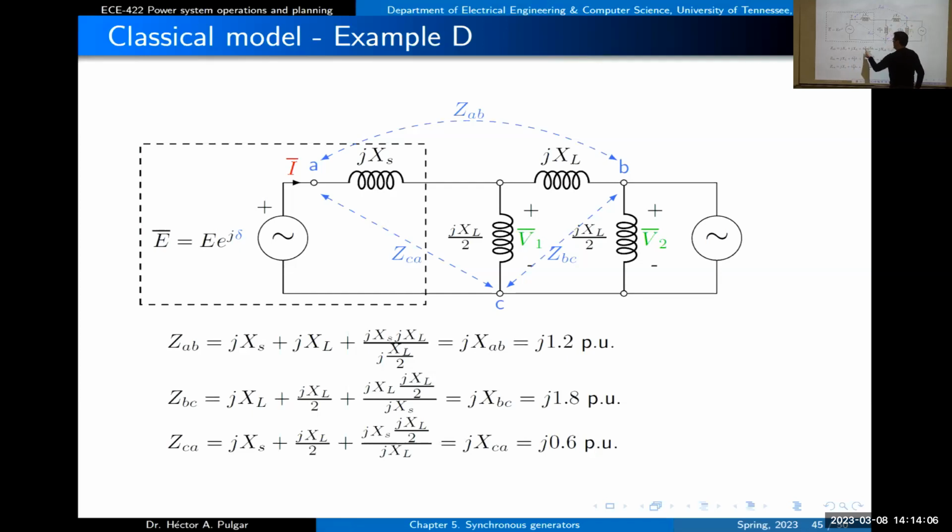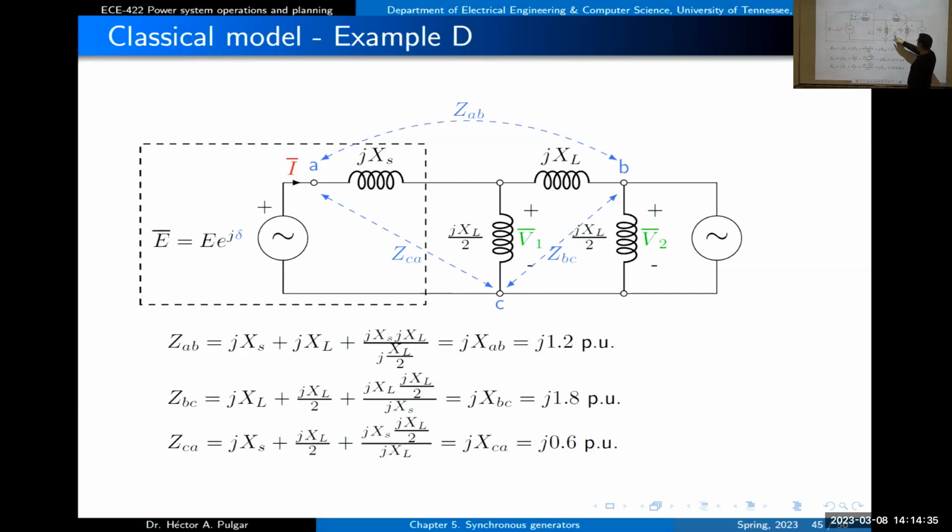ZA plus ZB, plus ZA multiplied by ZB divided by ZC. If we do that, we put in the numbers that we have. This is 0.6, this is 0.3, this is 0.2. We plug it in, and we get the impedance between these two points. As the result is purely imaginary, we can call the imaginary part XAB.